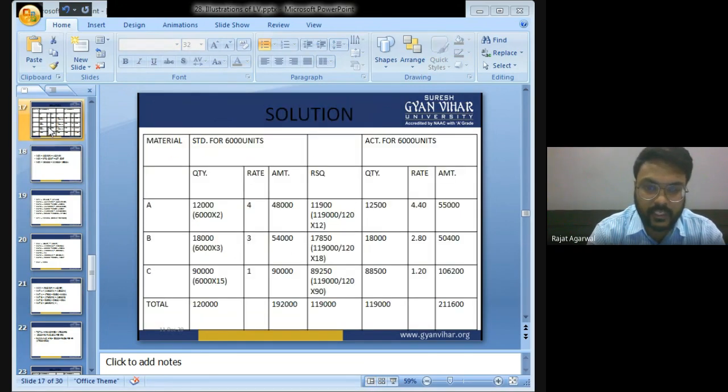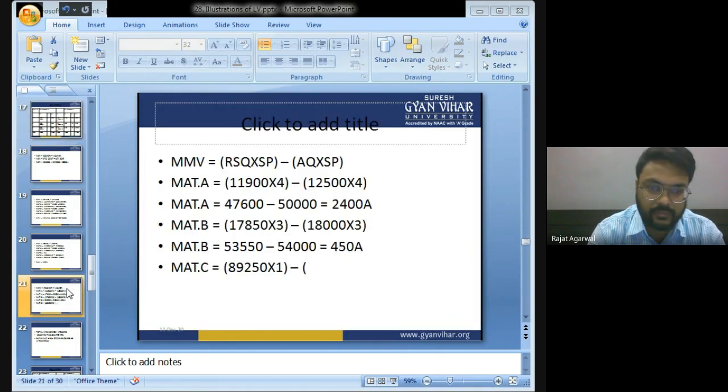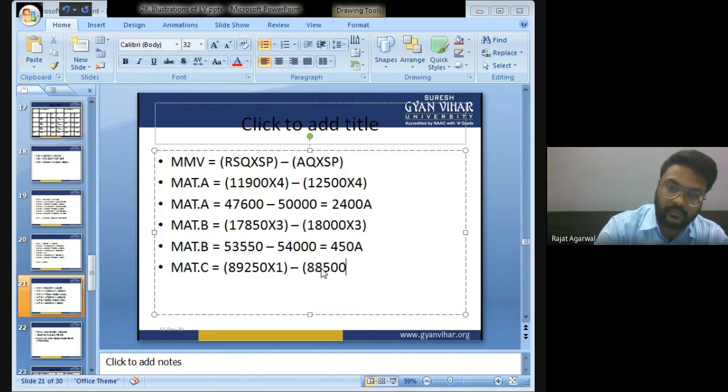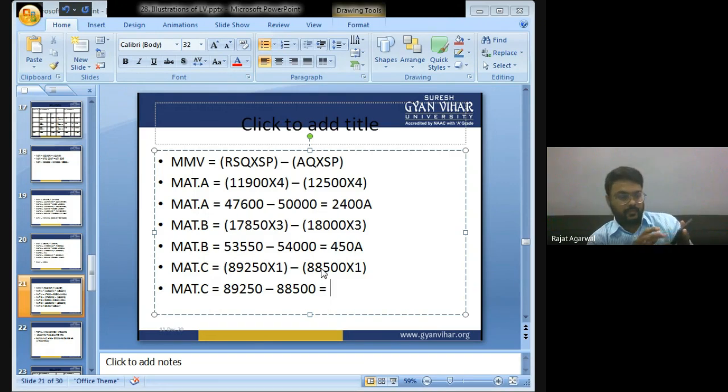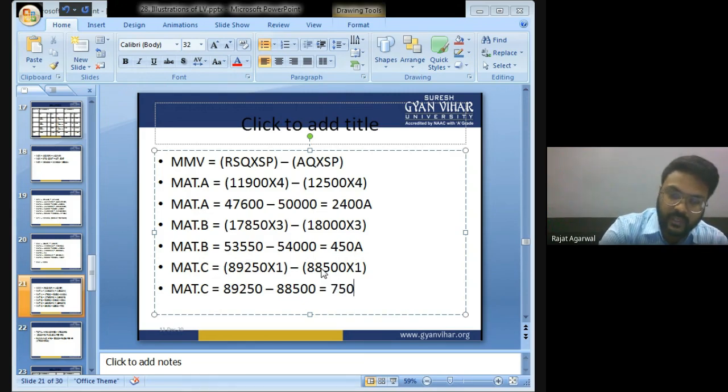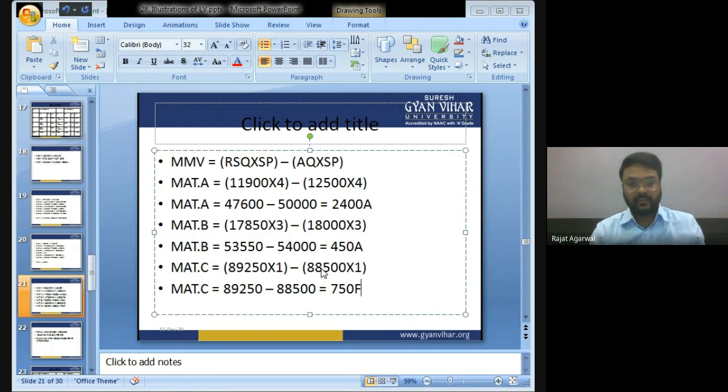Actual quantity of C is 88,500 into standard price 1. 89,250 minus 88,500 is 750 favorable. The answer is 750 favorable.